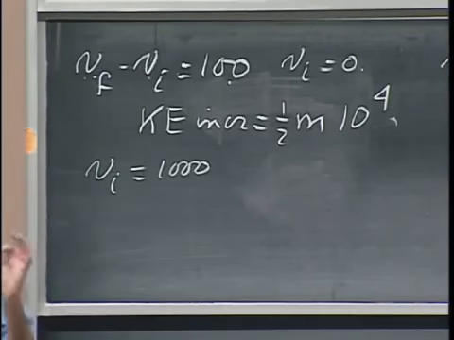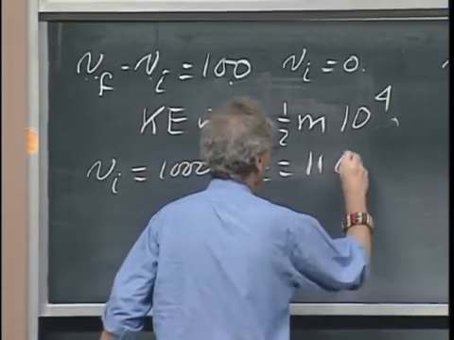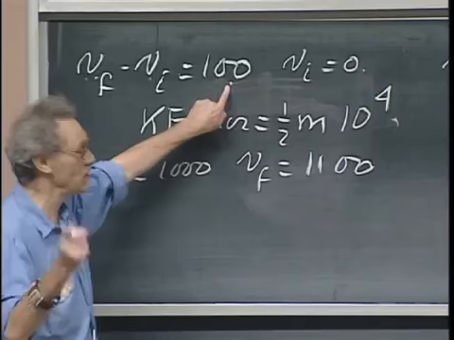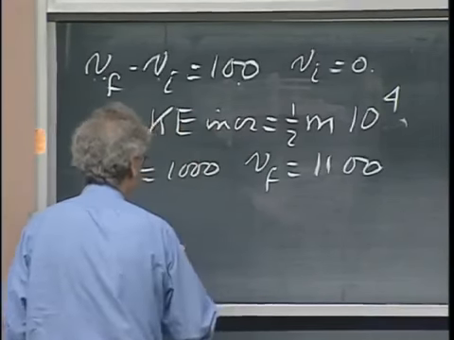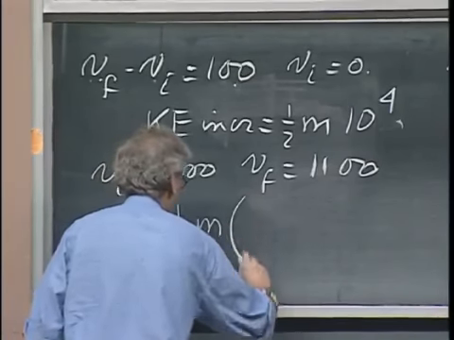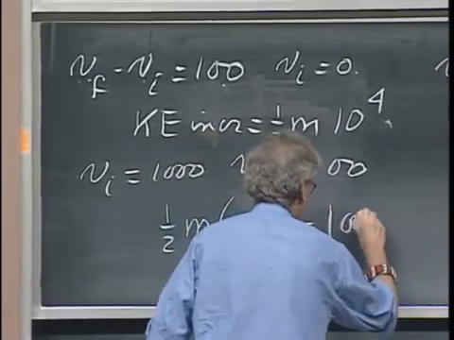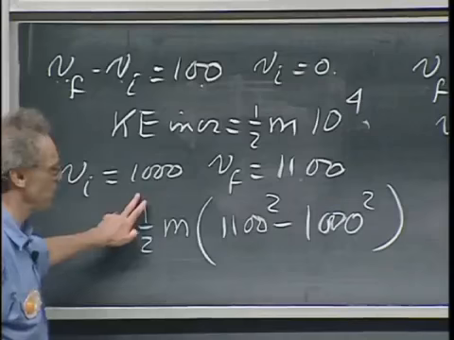What is now the gain of kinetic energy? The final velocity is now 1,100. That's non-negotiable, because the rocket changes the momentum, changes the velocity by a fixed amount. So now the increase of kinetic energy equals 1/2 m times 1,100 squared minus 1,000 squared. This is the new velocity, and this was the old one.